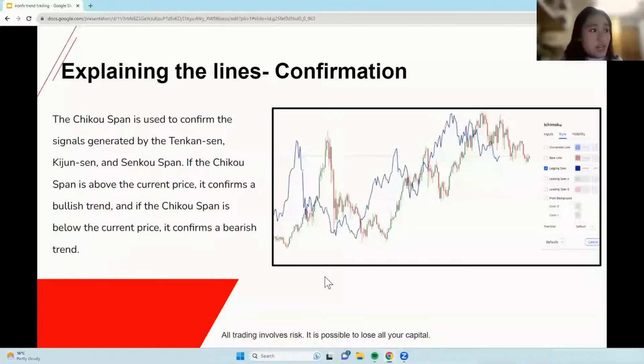If it's above the current price, then it confirms a bullish trend, and if the blue line is below the price, then it is a bearish trend. So we just use this for confirmation of the trend. After you've gone through the first two steps, where you identify the trend and analyze the different lines, this would be the third way to confirm the trend.